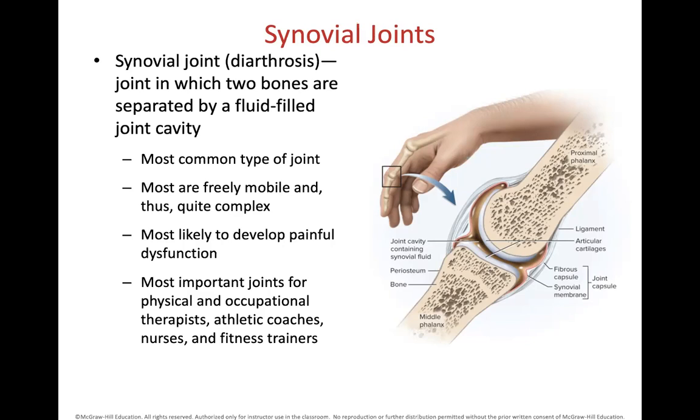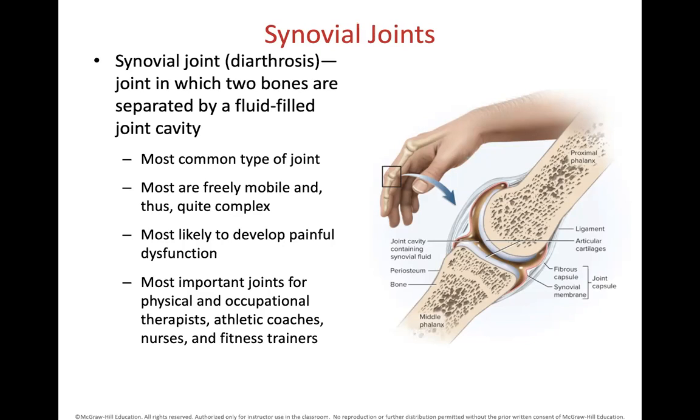Most common type, they're really highly mobile and therefore very complex. So the more mobile a joint is, the more complex it is. And the more complex it is, the more likely something is to go wrong with it. So if you're interested in anything dealing with athletics or movement, like PT, occupational therapy, anything like that, you'll be dealing with joints a lot.